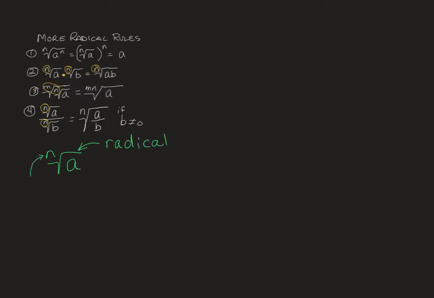The number above the little stage of the radical is not called the indent. It is called the index. And the number under the radical is known as the radicand. I'm going to make that smaller and also leave it over here as a reference.